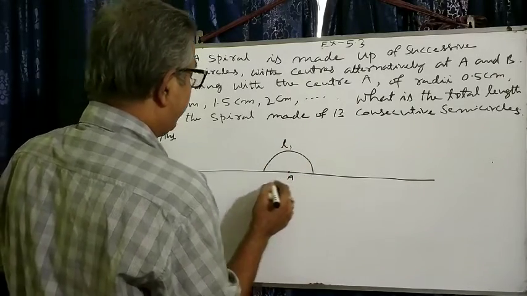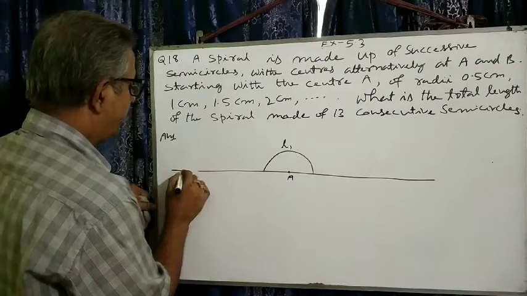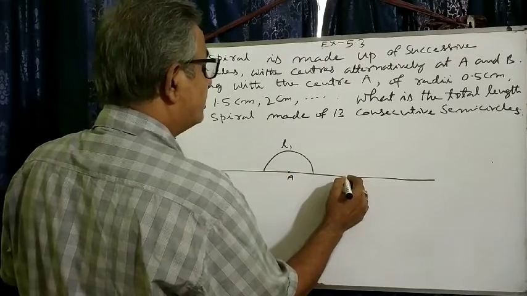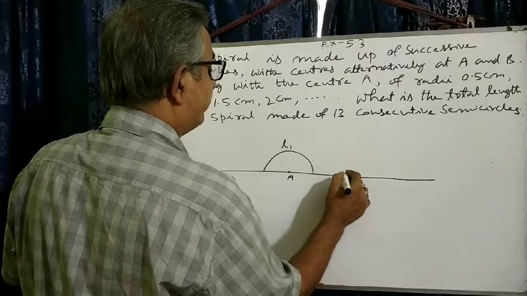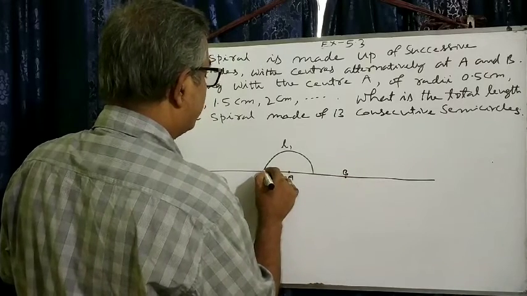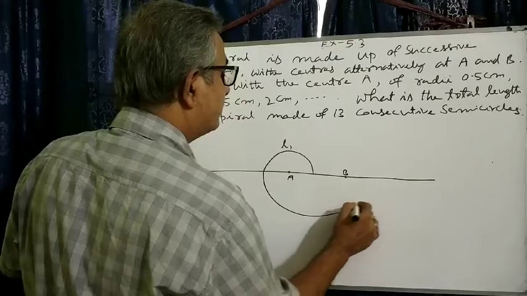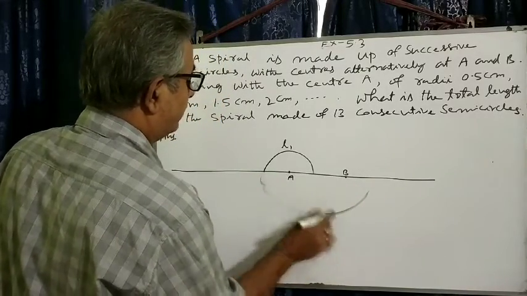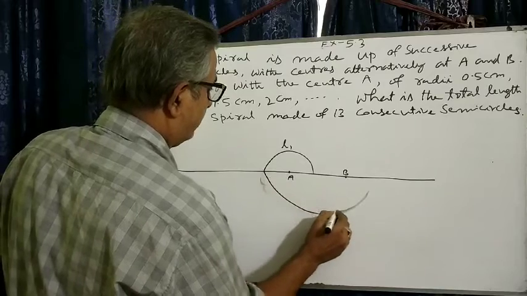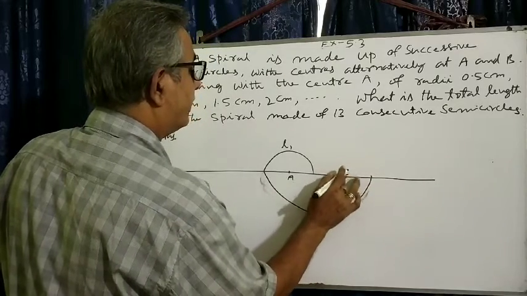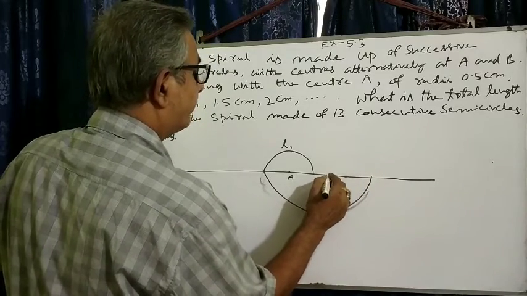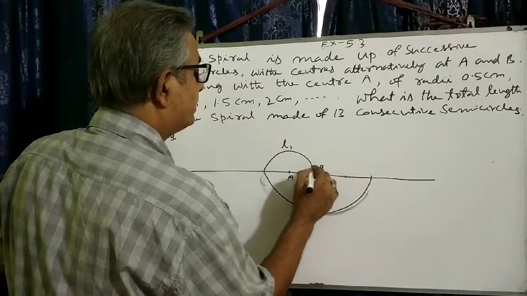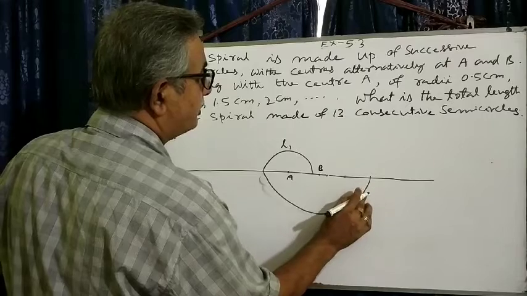Again, the second semicircle you draw with the center B. This is the B center. B is the center. What is the length of this arc?